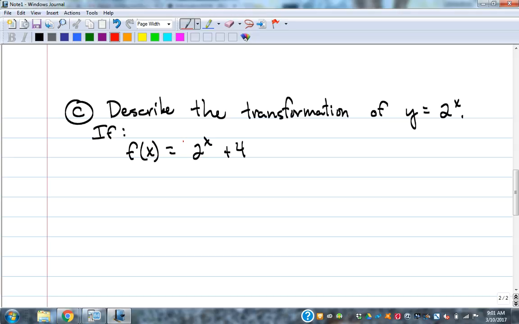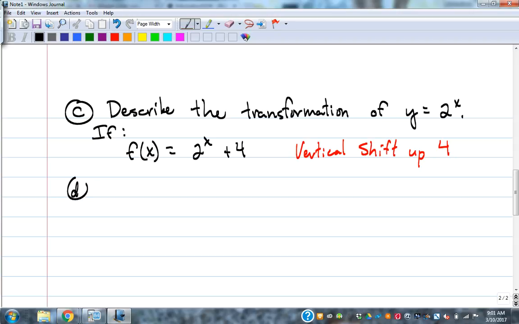Does it move left? Why is it up 4? It's not in parentheses. It's not with the x. It's on the outside there, so it's a plus 4. So that would be a vertical shift up 4.